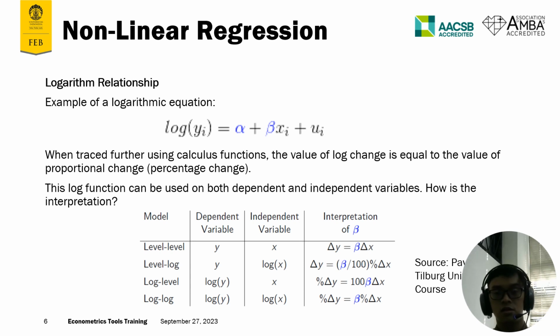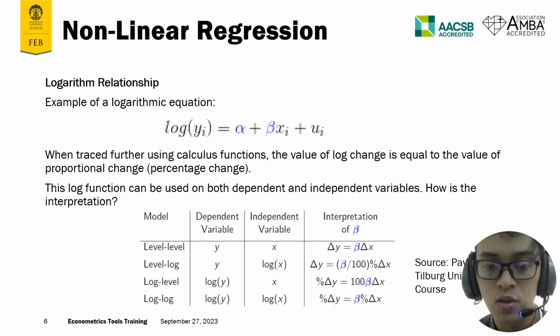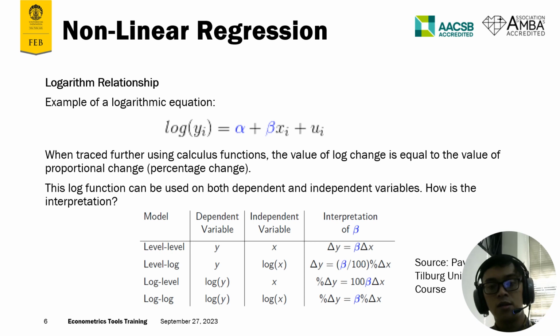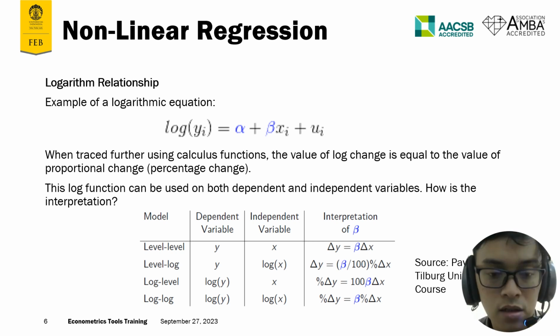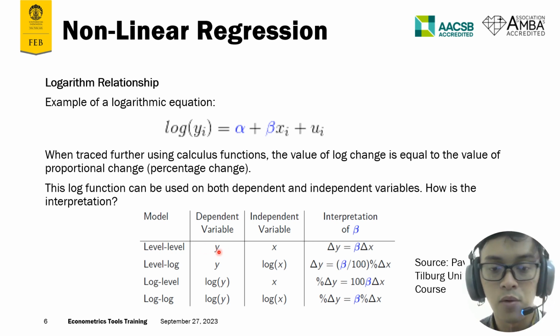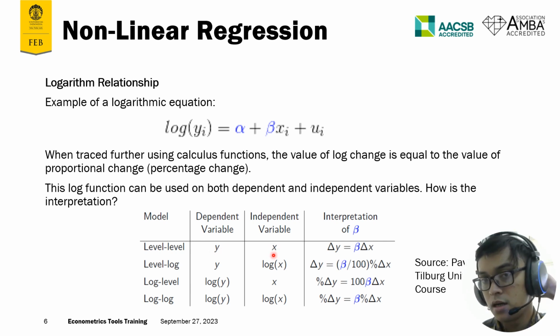The discussion is about how we can interpret the logarithm when we do it in our models. The idea depends on this table, which shows the dependent variable when we have a level model, which is not logged, like in the first row of the table, y is y and x is x.